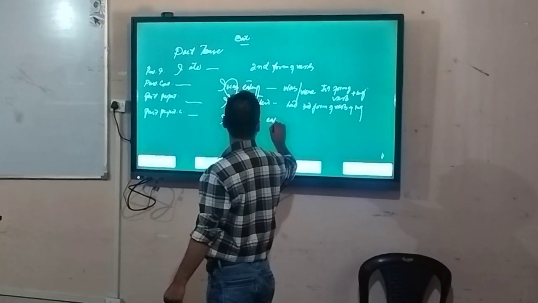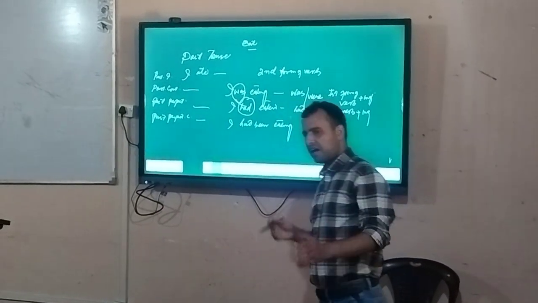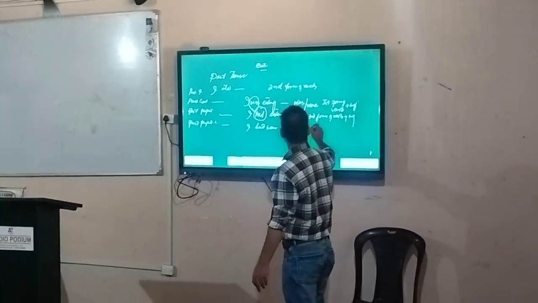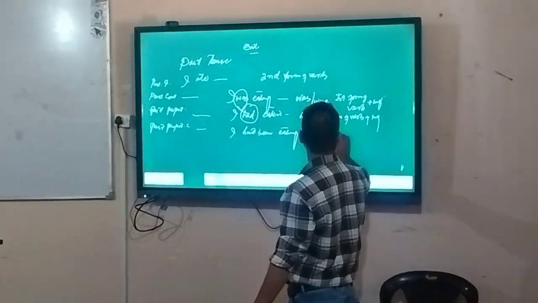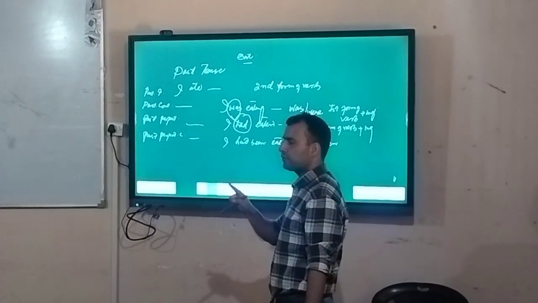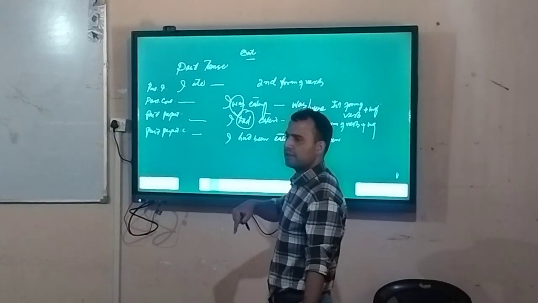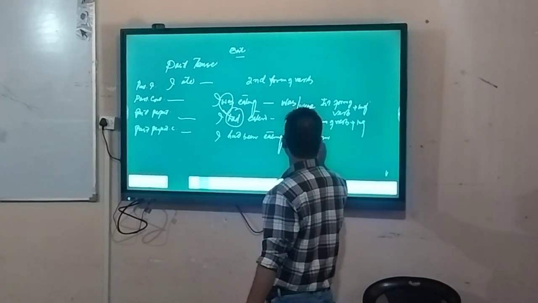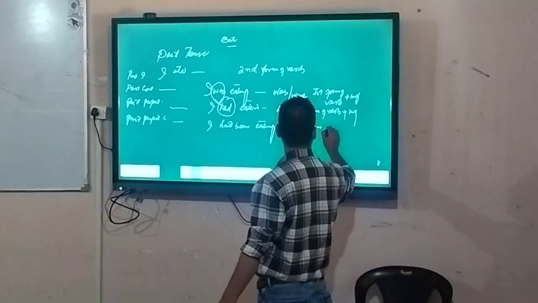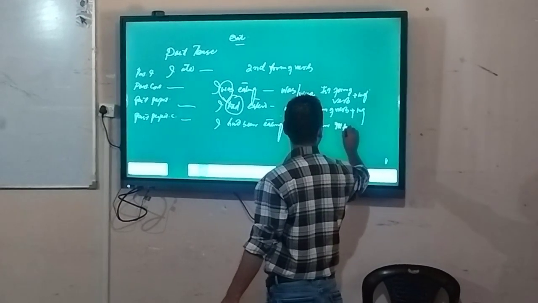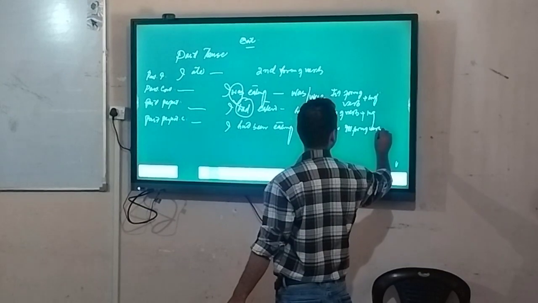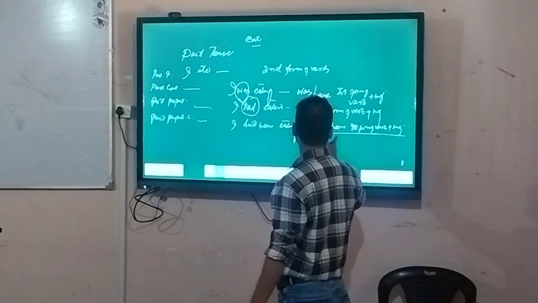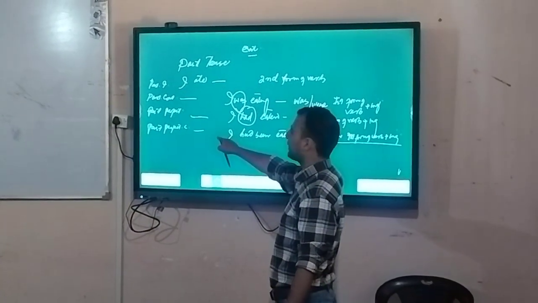Had been, first form of verb plus ing. We will not use have here because it's past tense, so we have to use had. This is the structure of past perfect continuous.